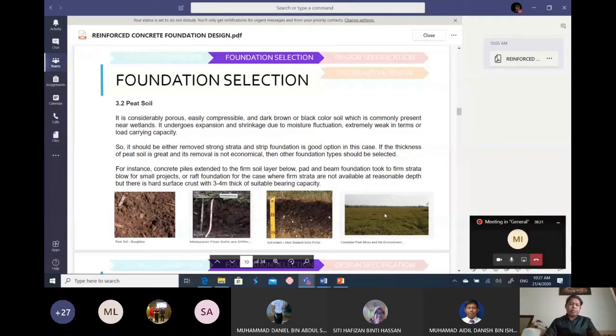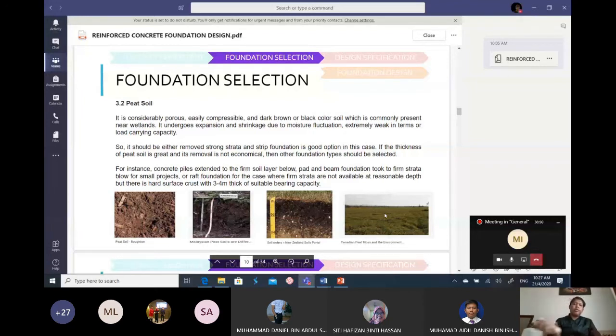If the thickness of peat soil is great and its removal is not economical, then another foundation type should be selected. Sometimes when we have this weak soil, we have to remove it first so that we can do soil improvement for that area, in order to increase the soil bearing capacity, and then we start our foundation work.